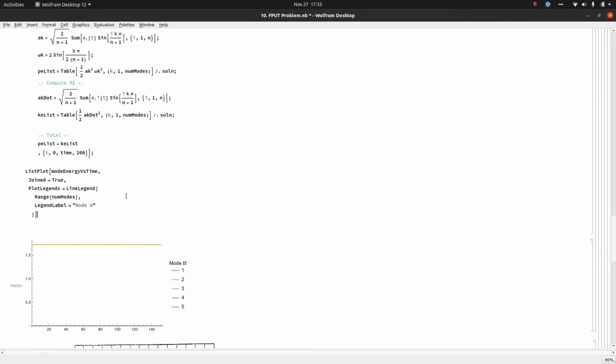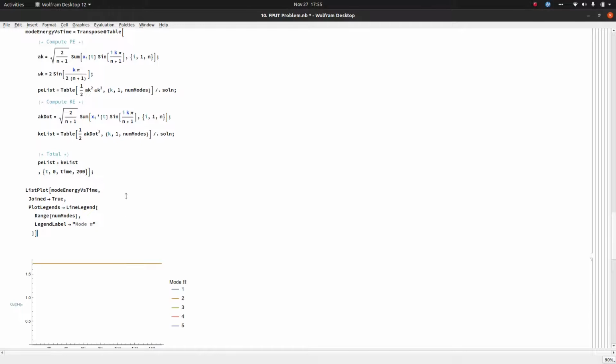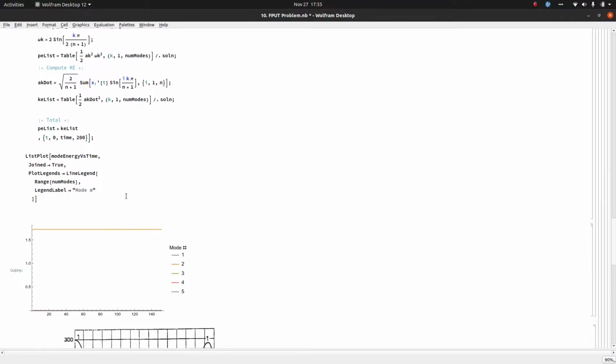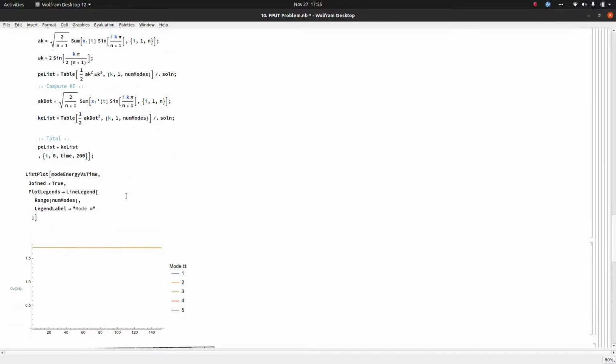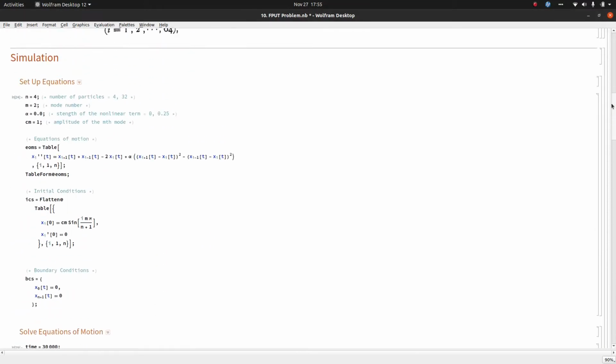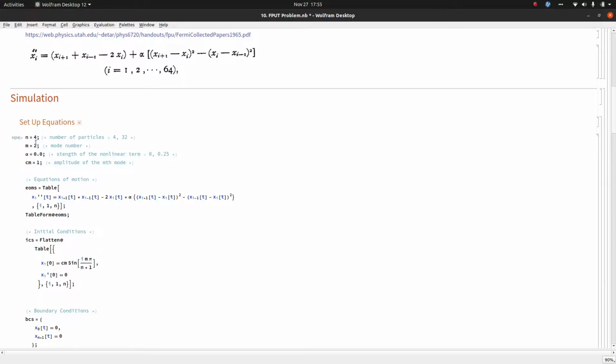So seemingly, we can not only compute the energy, but we can figure out how much energy is in each mode. So I'm going to go back up here. I am going to put us back in the first mode. And I'm going to give us more particles to play with.